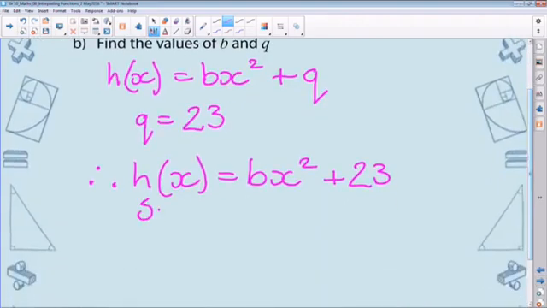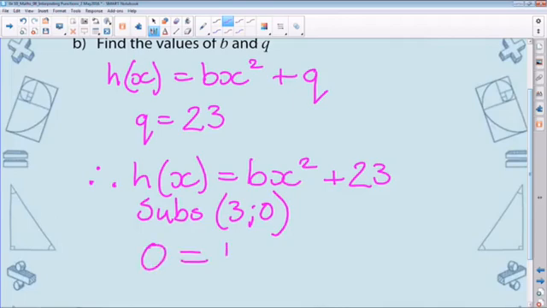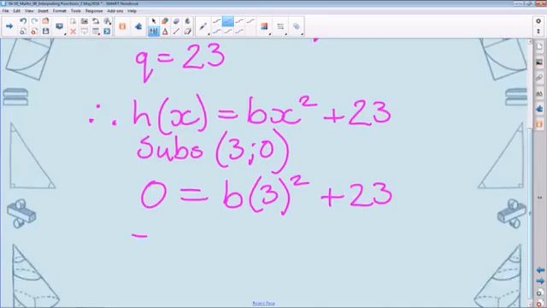So I'm going to substitute (3, 0) into the equation, giving me 0 is equal to b(3) squared plus 23, which means I have -23 is equal to 9b, and b is equal to, what is -23 divided by 9?